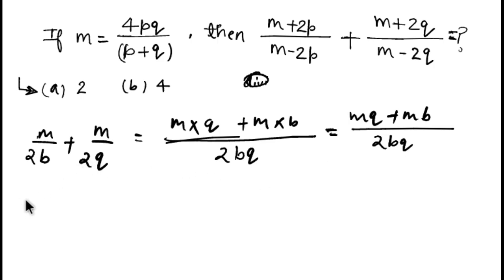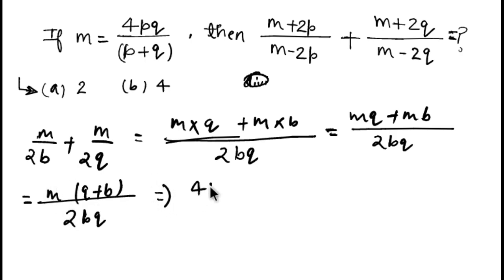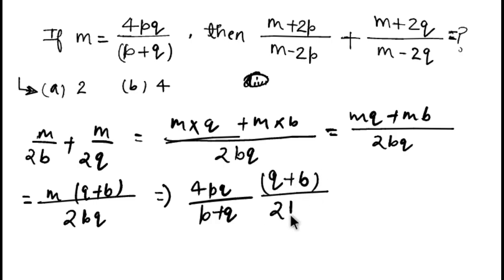Now I can take m common from both terms, so it is m times (q plus p) over 2pq. Now see what we are given: m equals this. So I put the value of m here, 4pq divided by p plus q, and the remaining term is q plus p over 2pq.